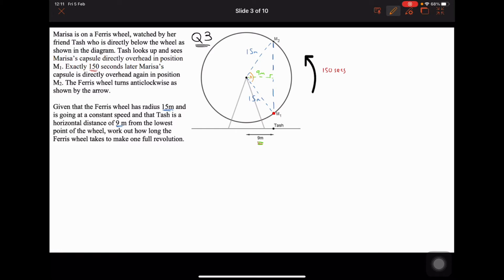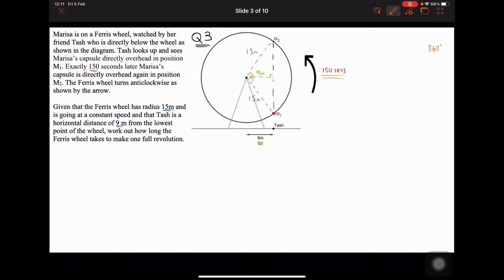And bearing in mind, I know that it takes 150 seconds for the capsule to turn x degrees here. Then I'll be able to use my knowledge of ratio to work out how long it will take for it to turn 360 degrees, because of course that's a full circle.